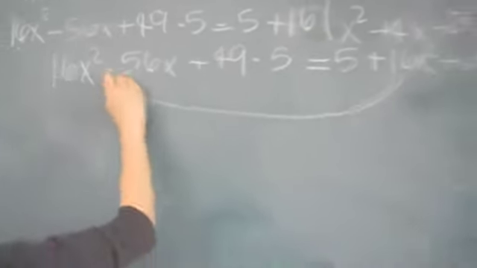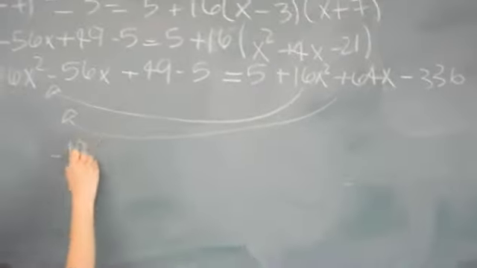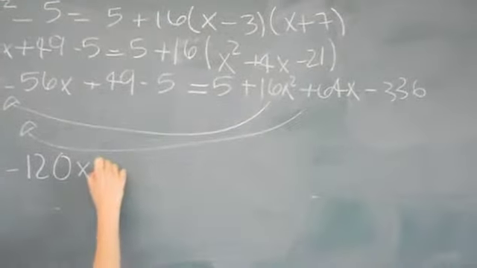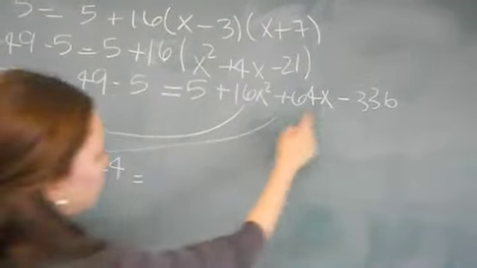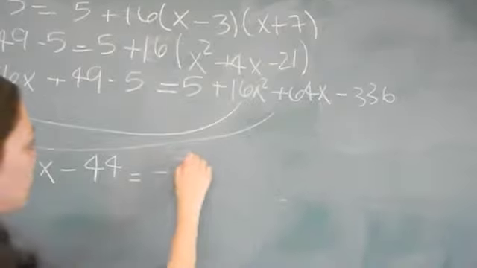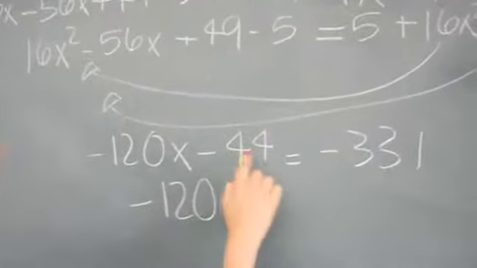So I will pass this subtracting negative 120x. 49 minus 5 is negative 44 equals 5 minus 336 is negative 331. I will pass the negative 44.